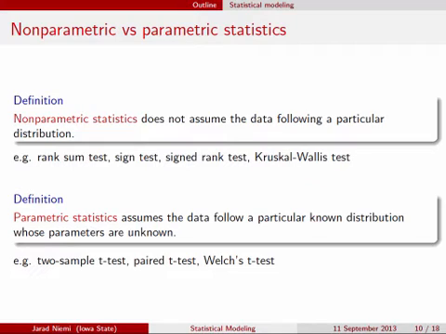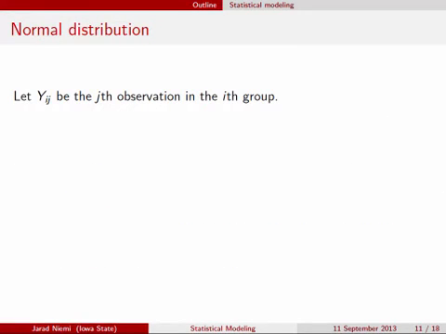Okay. So I'm going to introduce some statistical notation now. All right, so here we're going to let Yij be the actual observation, so in this case, the actual CO2 uptake for the jth observation, so in this case, the jth plant in the ith group.